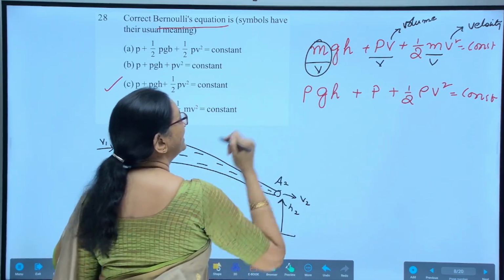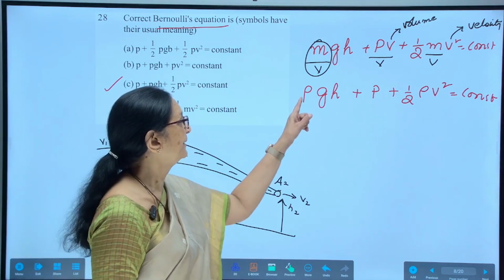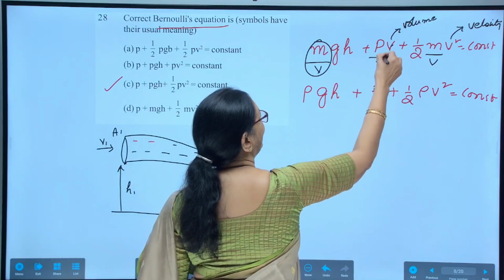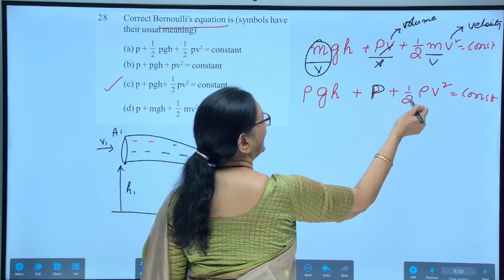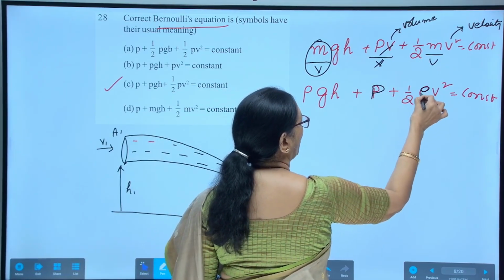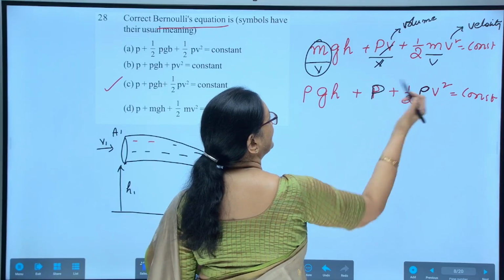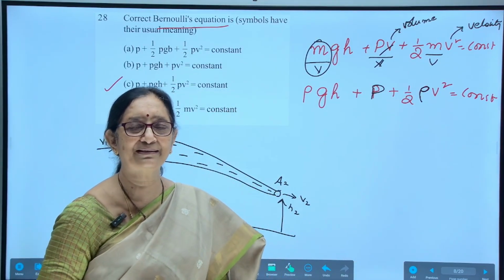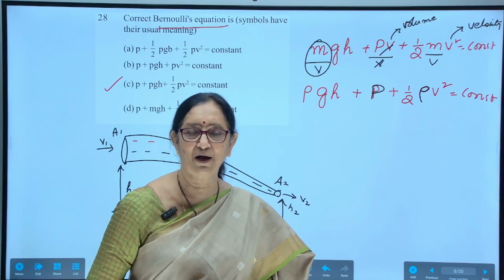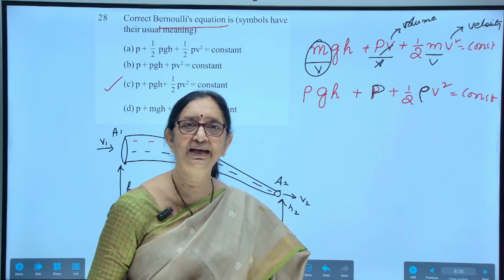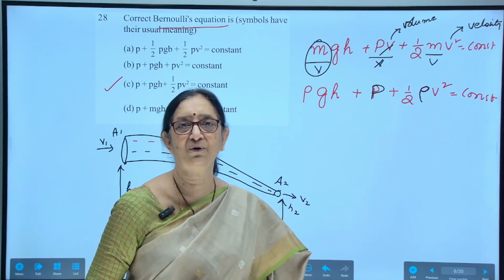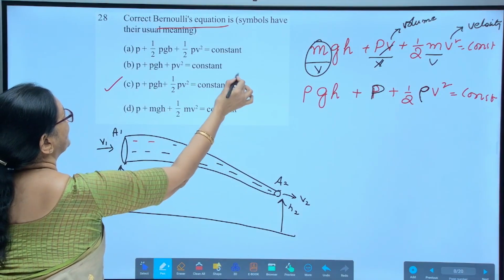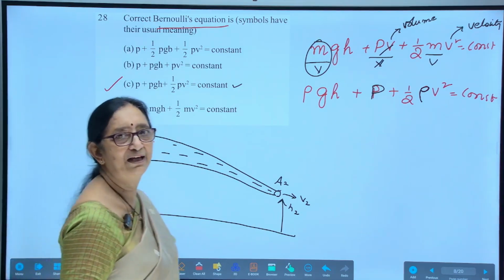Mass by volume is nothing but the density of the fluid, rho gh plus P, as V and V get cancelled here, plus half rho v square, where rho is the density and v is the velocity. So, that is the commonest form of Bernoulli's theorem we use while solving problems. That is rho gh plus P plus half rho v square is constant. Here exactly this is the expression where the symbols have their own meaning.